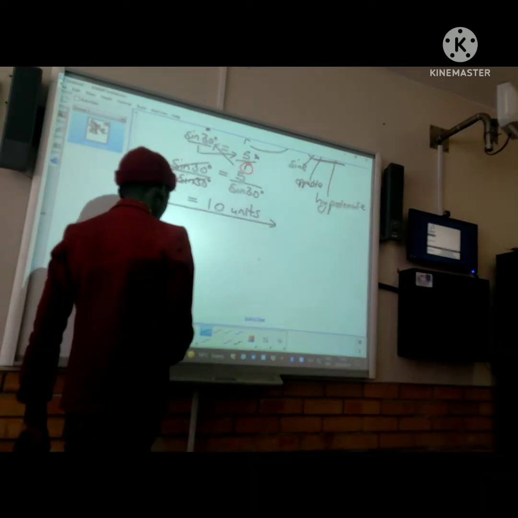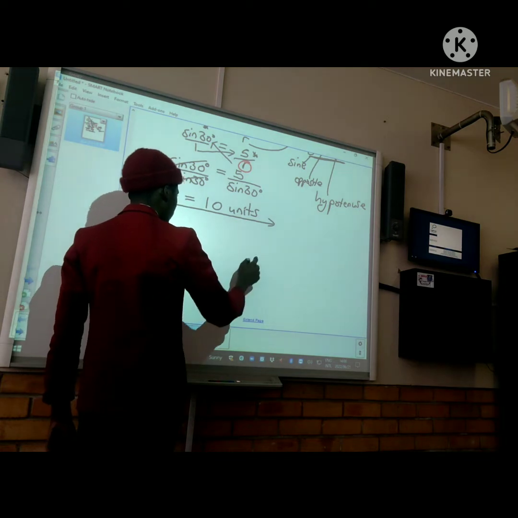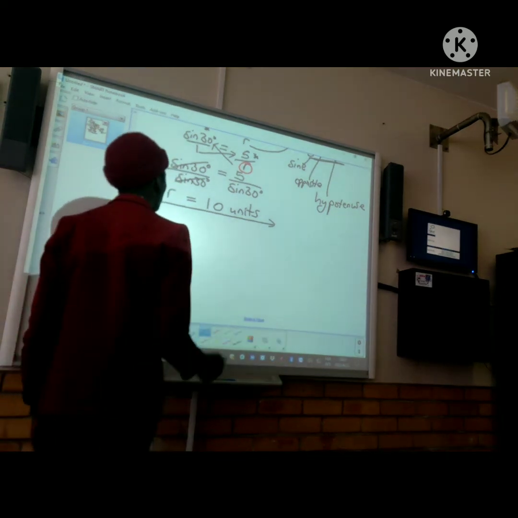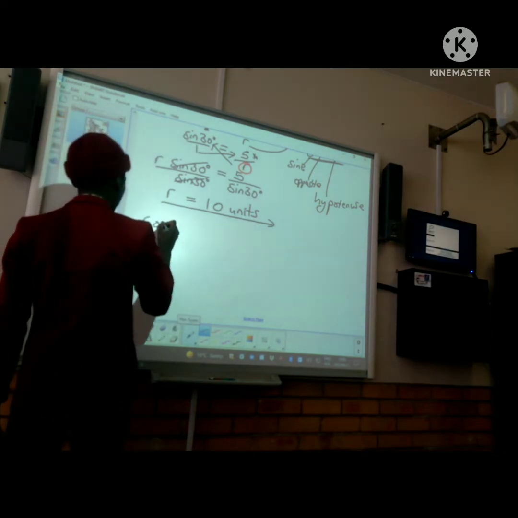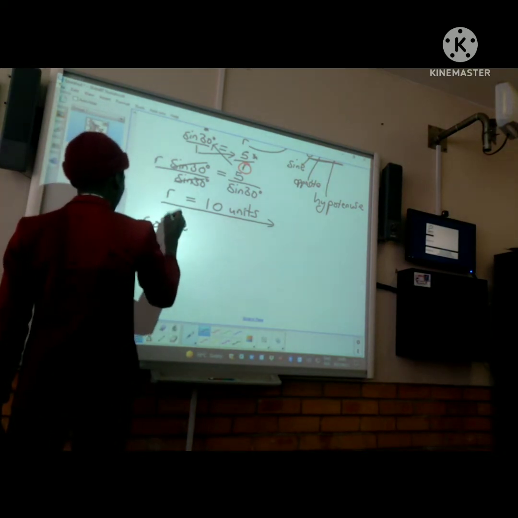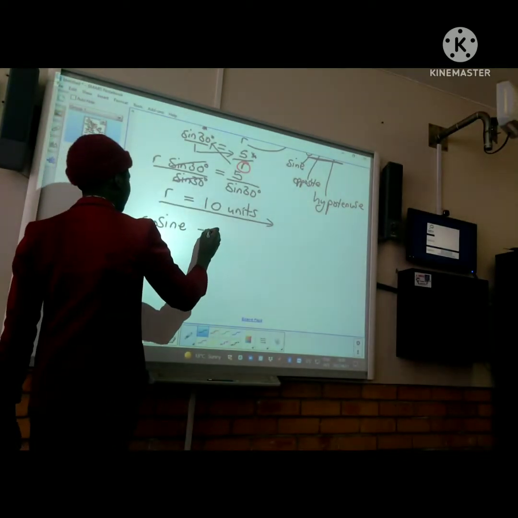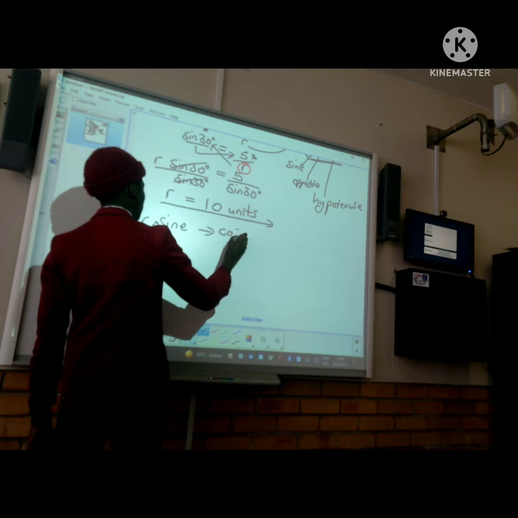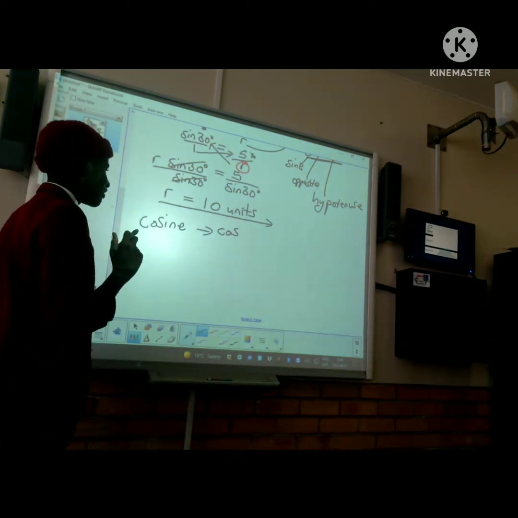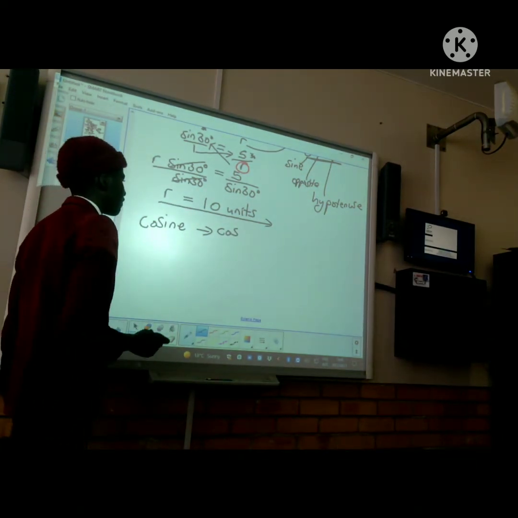And then we move on to the cosine. I think we're done with the sine. We move on to the cosine of an angle. So this is our second trigonometric ratio. It is written shortly as cos when you're calculating. You don't have to write cosine when you're calculating. You write it as cos.